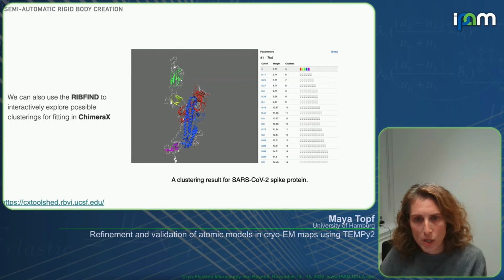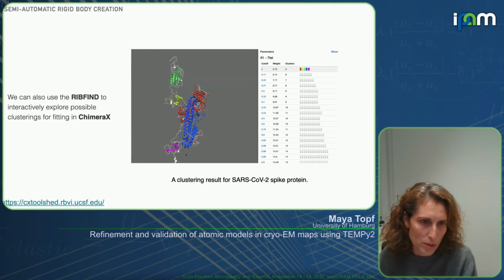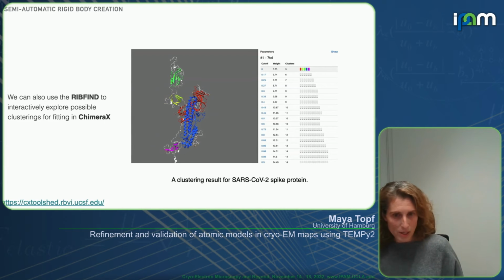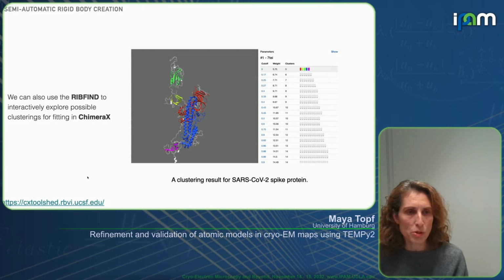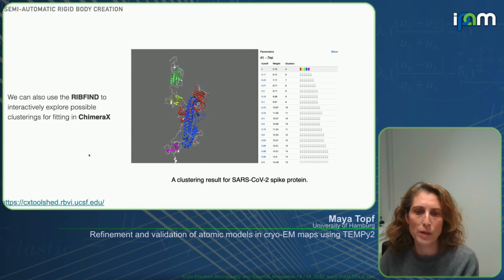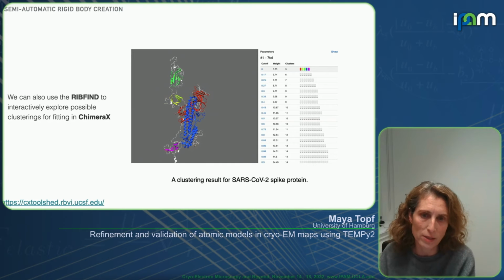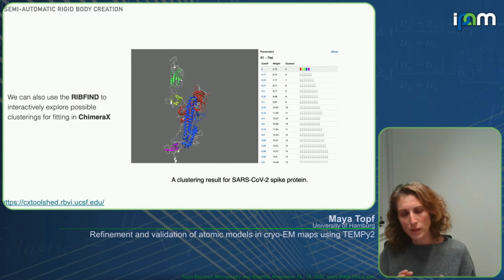Okay, and just another plugin that we developed in ChimeraX is Refine, and that is actually already available if you want to use it, not for RNA but for protein. What Tom did was add Refine to ChimeraX, so you can select those rigid bodies automatically. So you have, in a way, two ways of selecting rigid bodies.